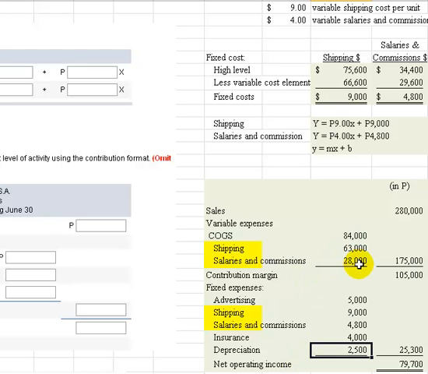But the shipping and salaries is that 9,000 and 4,800 that we calculated right here, and we jot them in. So in the case of shipping and salaries, they appear in both places because they're a mixed cost. A portion of the total cost is variable, a portion is fixed. So we jot in those fixed components, and when we're done, we're able to come up with total fixed cost and derive net operating income.